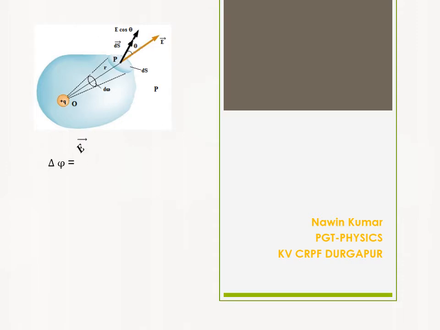That is flux equal to E dot ds, and here electric flux is equal to 1 by 4 pi epsilon naught q by r square r cap dot ds vector. If we resolve it, we will get E ds cos theta.